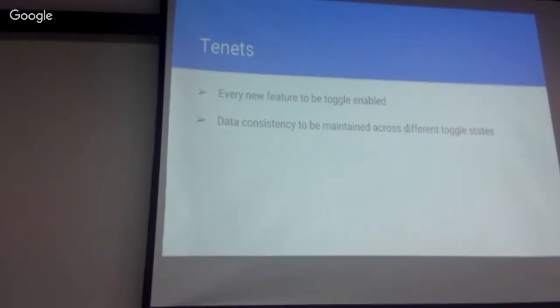Okay, so data consistency is typically a concern between two toggle states, right? When you are in production and you have to turn off a feature, your system should still be able to work after having been on for some time with the feature turned on. That would have left the system in a particular state.